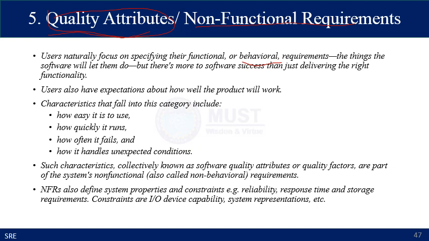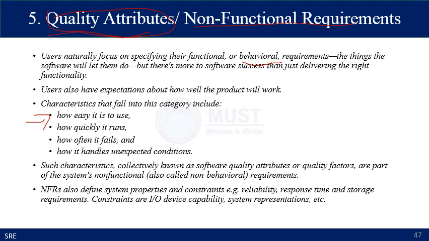Characteristics that fall into this category include, for example, how easy it is to use your system, or how efficient it is, or how often it fails, or how it handles unexpected conditions.